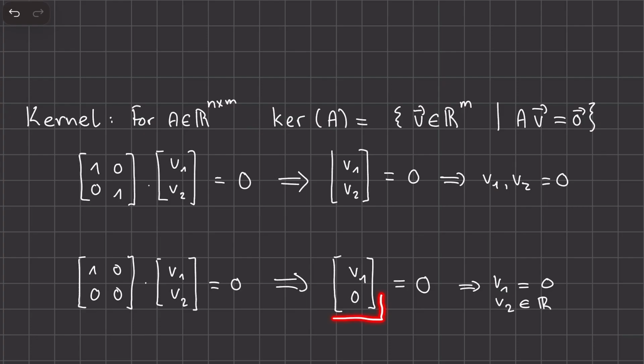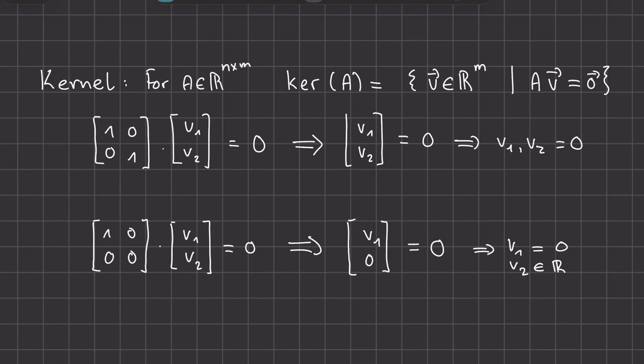However, now we do not have v2 in this equation. So our v2 can actually be whatever we want. Every single v2 works. This condition is not affected by it. And thus, in our kernel, for the second case, we allow all vectors v that have the form 0 and, let's say, lambda, where our lambda is any scalar number.